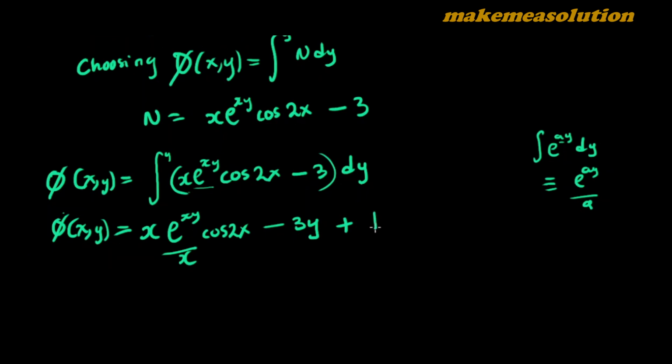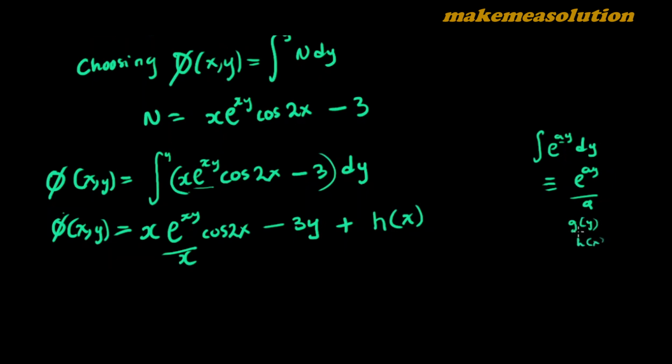Our constant of integration is h of x this time around. Since we are integrating with respect to y, your constant of integration will be h of x, but if you integrated with respect to x partially, your constant of integration will be g of y.